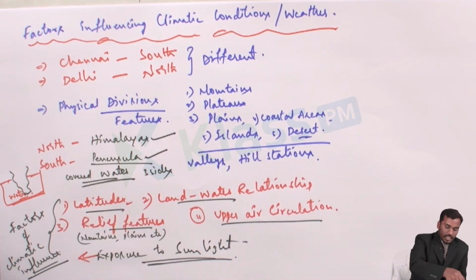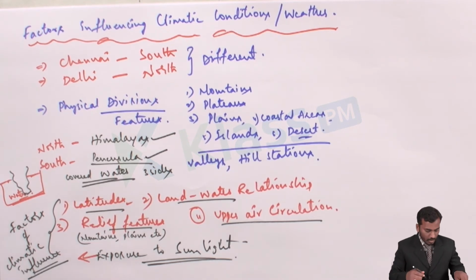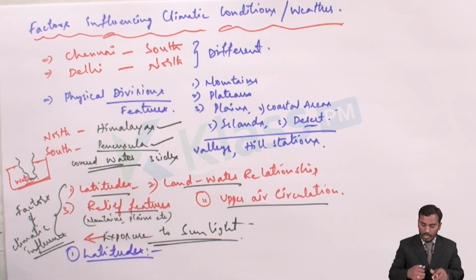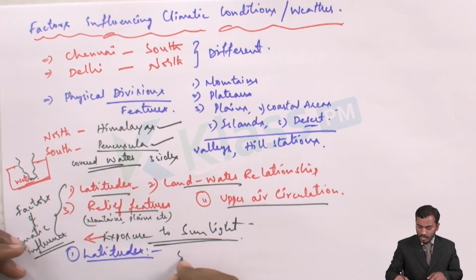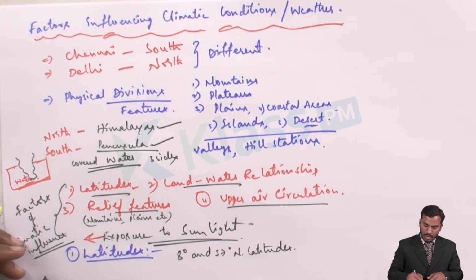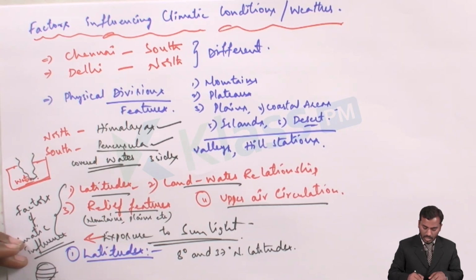What are the latitudes? Okay, the first thing we'll be learning is latitudes. All of us know that India lies between 8 degrees and 37 degrees north latitudes. On the earth's surface, the horizontal lines are called latitudes.